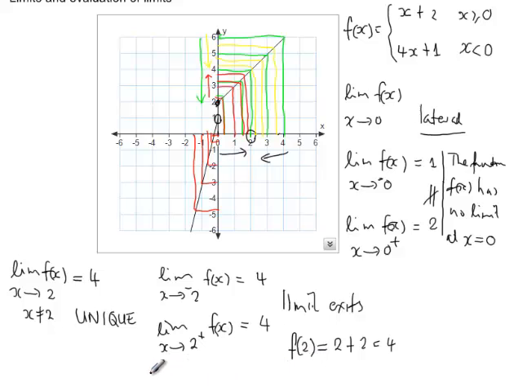If the function is continuous at a, then the limit of f of x as x approaches a is going to be equal to f of a. That's what happens normally when the function is continuous. Are we together? Okay.